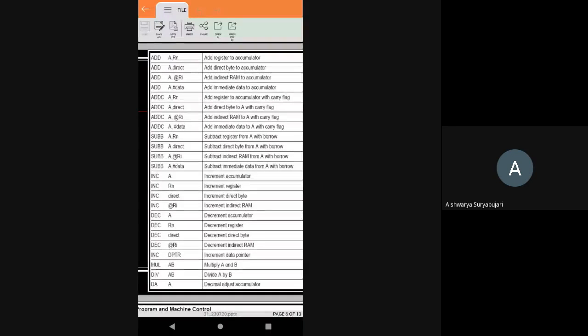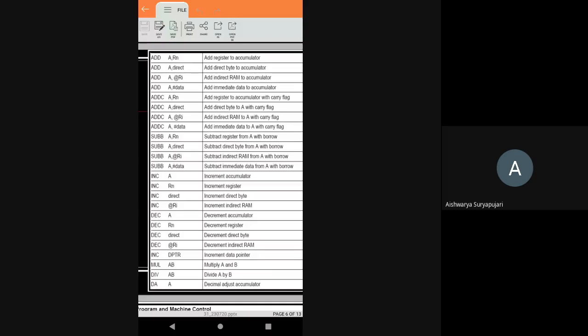So how to do that? By taking one example, we are supposed to learn that in practical time. So that time we will see. Right now you just note down or remember this. This is used for the decimal adjustment of the accumulator. Normally it is used in BCD addition or operations related to BCD numbers. Got it?